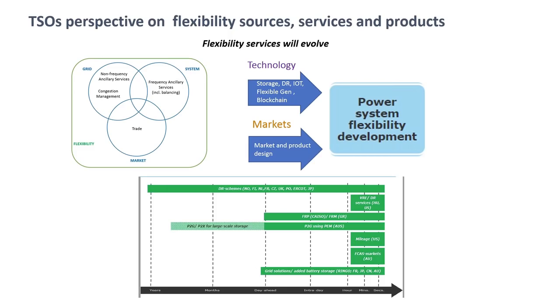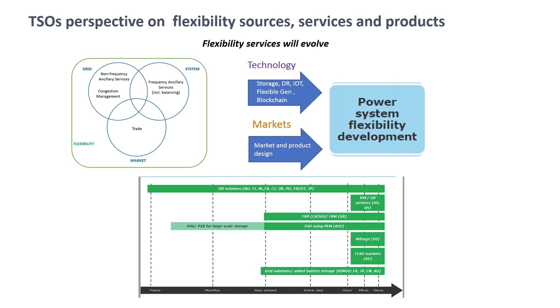The technologies such as storage, but also other technologies such as the ones coming from the digital sector, the demand response, can actually enable the use of different technologies to fulfill and to provide the flexibility needs. Of course, we have to combine with the markets, and the market design and the products which will be developed are, of course, important.